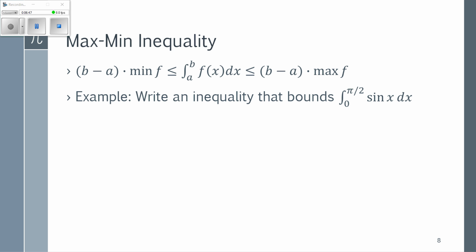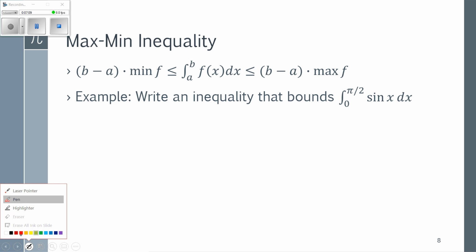But instead of left or LRAM or RRAM, it says, let's use one rectangle where the height is the minimum of the function, and one rectangle where its height is the maximum. And my function's actual, or the definite integral's actual value will have to be somewhere in between those.